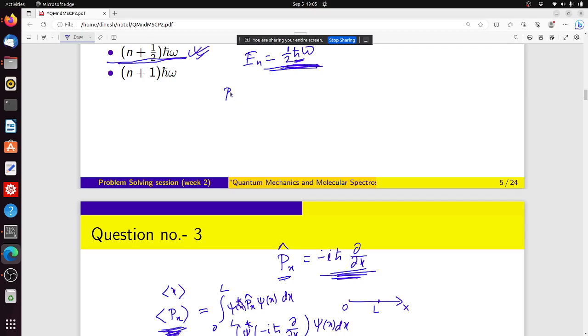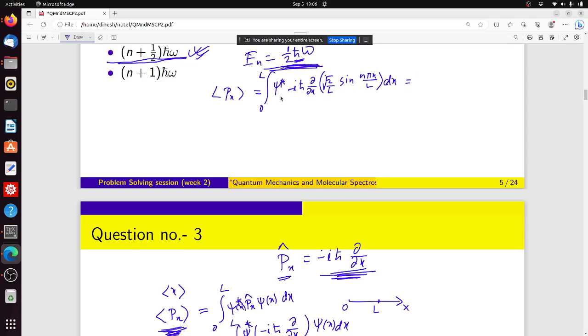So the expectation of px is psi star times minus i h cross del over del x. Then this psi of x is square root of 2 over L times sin of n pi x over L, right? So integration 0 to L dx. You have to do the derivative.